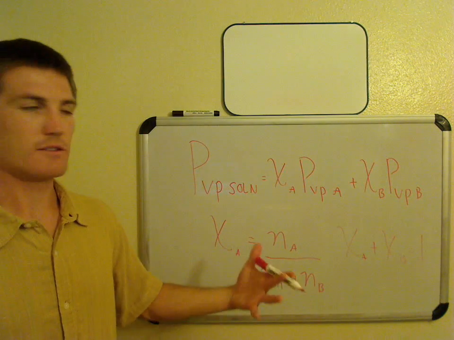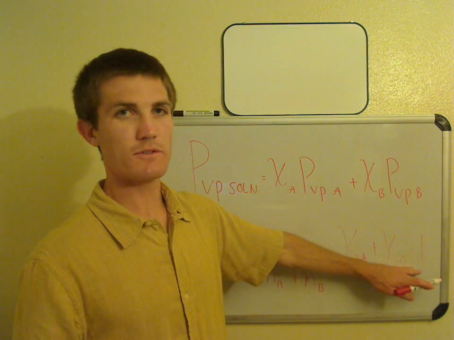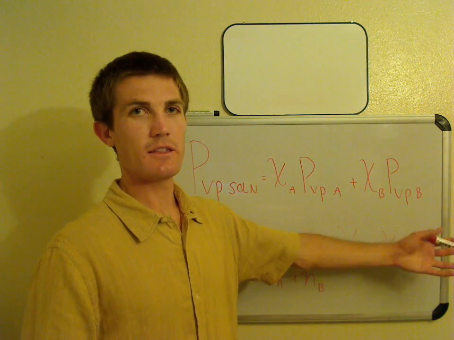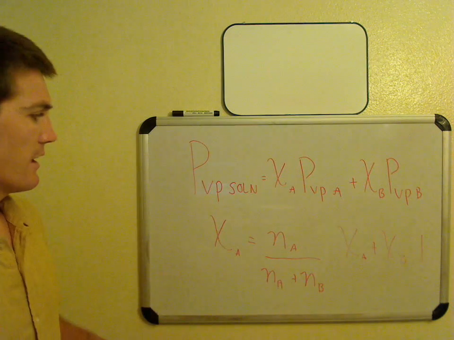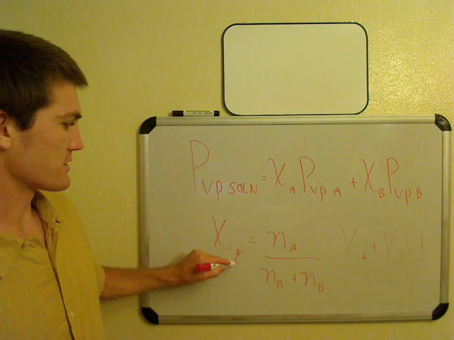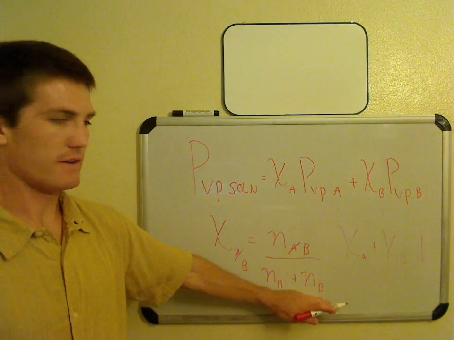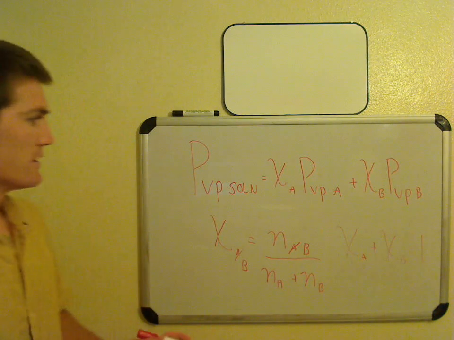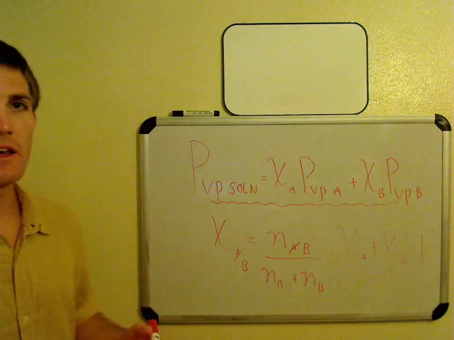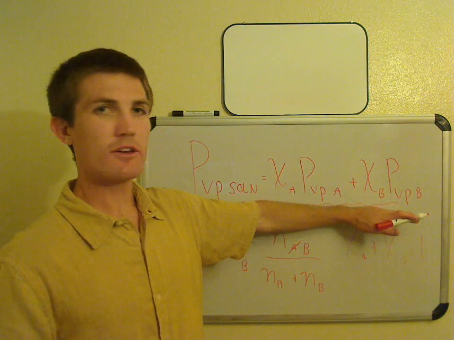We can use that as a little trick to quickly figure out, say, the mole fraction of B if we already figured out A. Just do 1 minus the value we got for the mole fraction of A. You could do it the normal way, and just the mole fraction of B equals the moles of B divided by this sum.